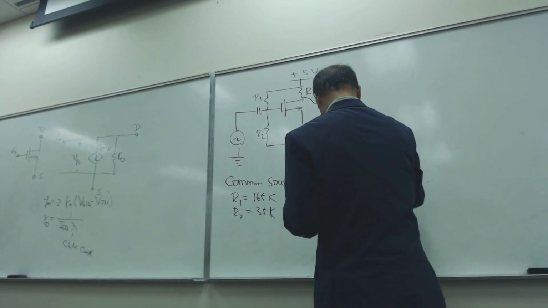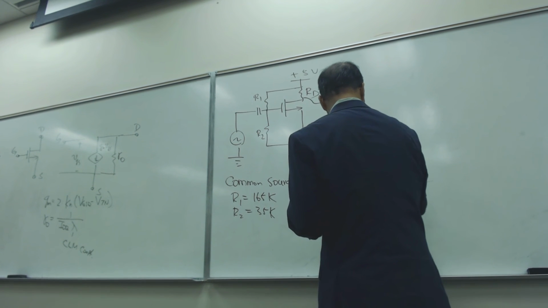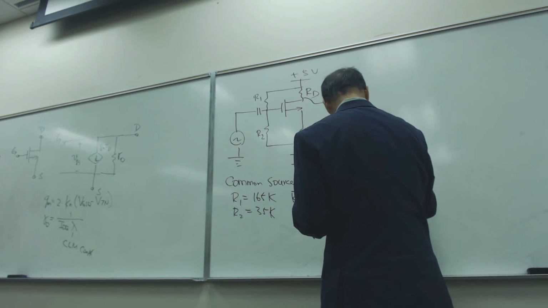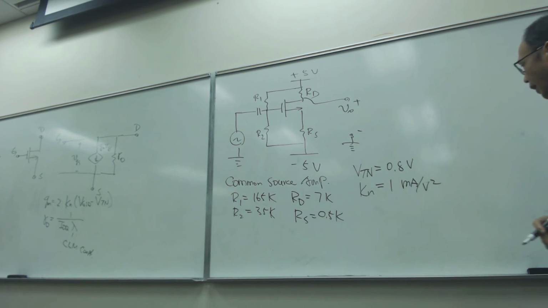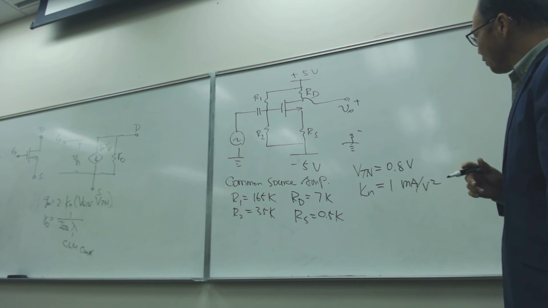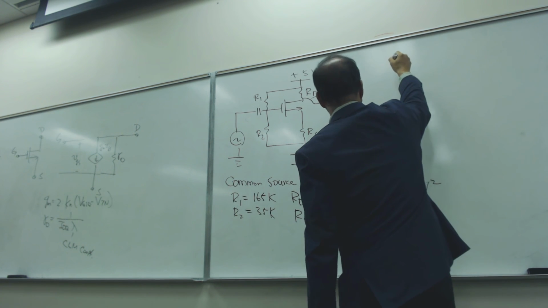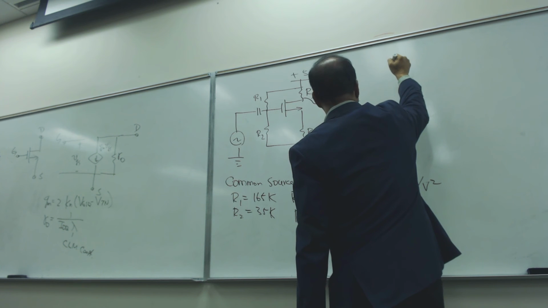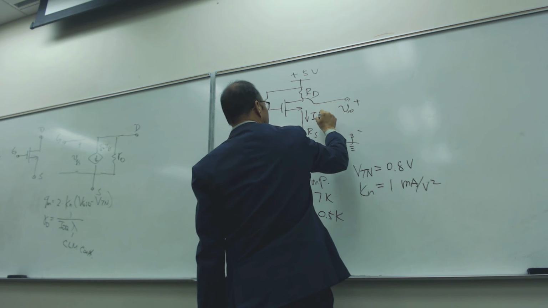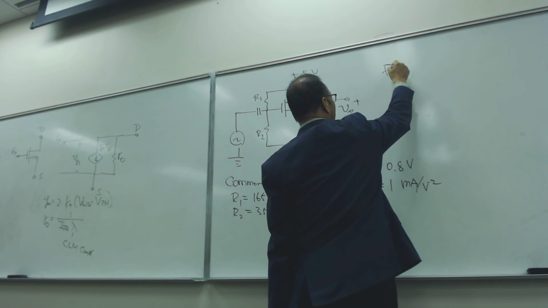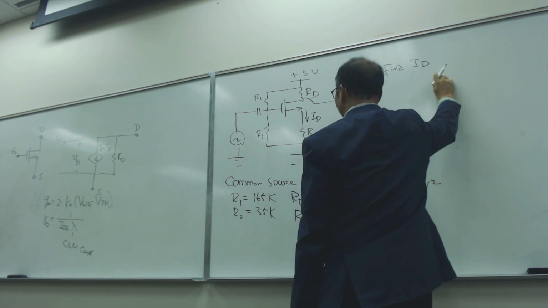VTN is 0.8 volt, K... okay. We're going to find lots of different things, okay? We're going to find, of course, you have to find IDQ first, right? So find ID, right?